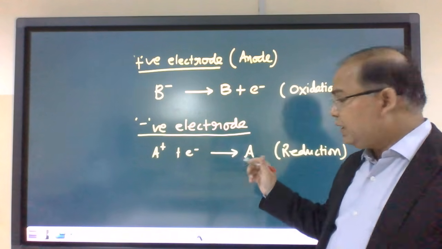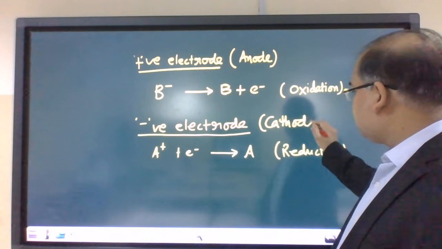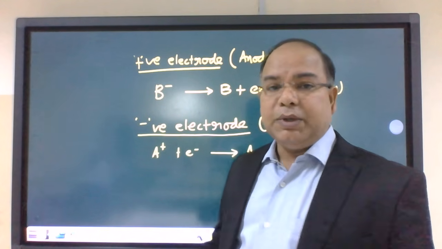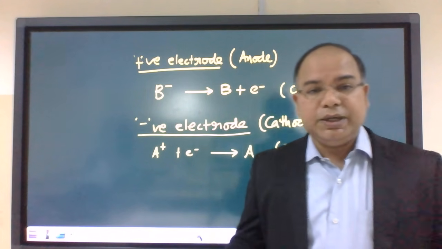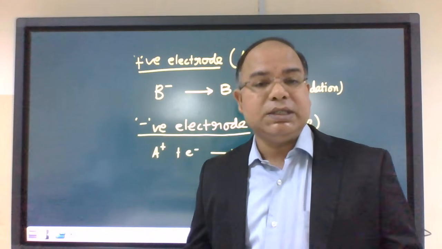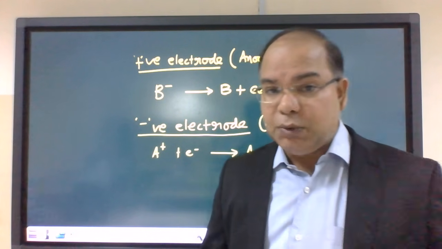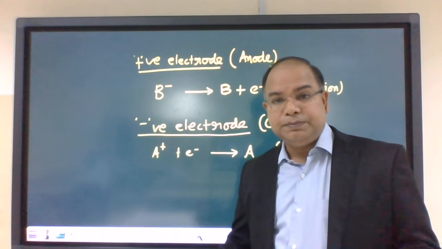So here the negative electrode is the cathode. So in an electrolytic cell, on passing electricity, the electrolyte will dissociate into respective ions, and the respective ions will discharge at their respective electrodes: anions at the anode, that is the positive electrode, and cations at the negative electrode, that is the cathode.